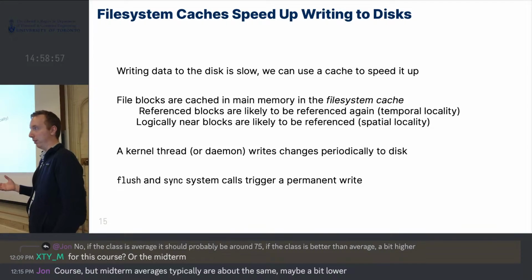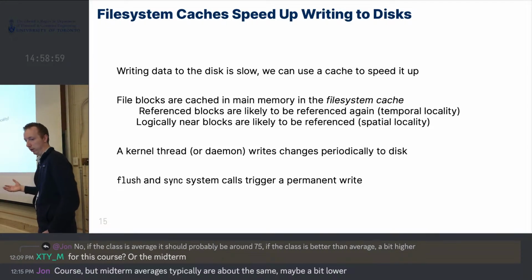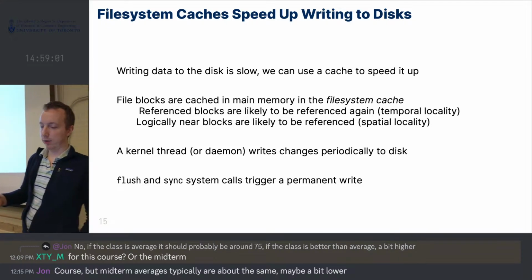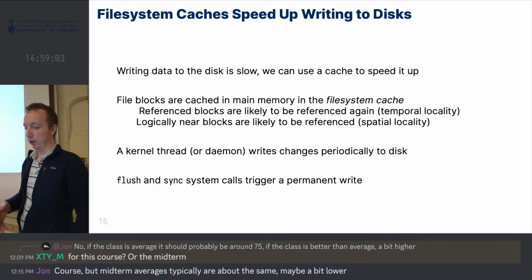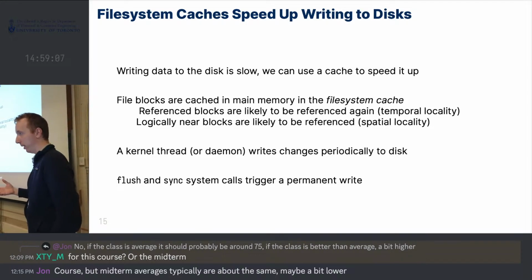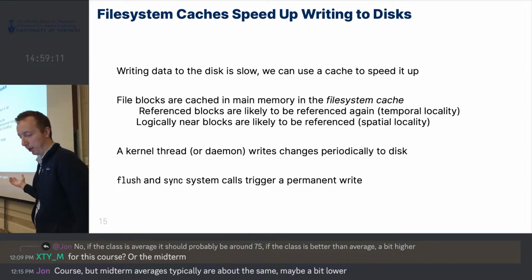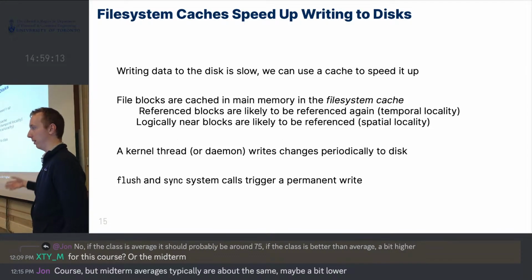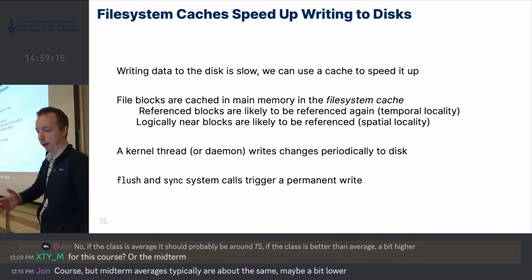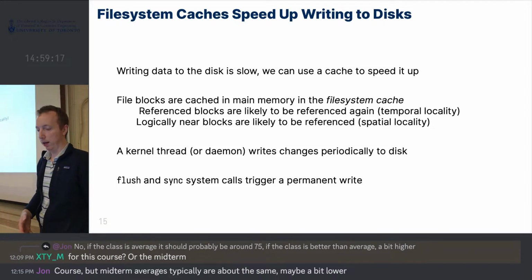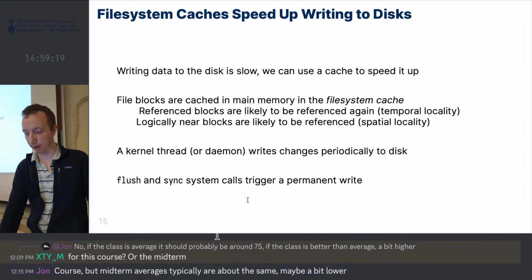So I just used it, it's likely I'm going to use it again. And logically, if blocks are near each other, you might use them. So if I open the first block of a file and I'm modifying the entire thing, I'm probably going to modify the second block of the file. So if I want to speed things up, I can just read multiple blocks at a time or prefetch them and load them into memory so things get faster.